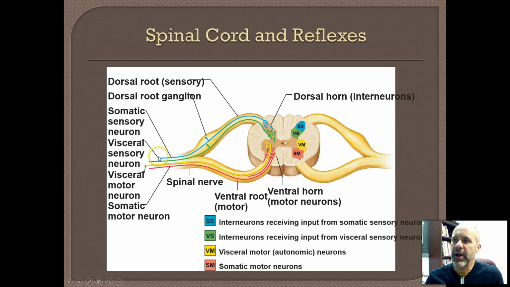Again, keep in mind the routing here. The axons of sensory neurons travel through peripheral nerves that lead to bigger peripheral nerves that ultimately lead to these spinal nerves, or cranial nerves if you're thinking about cranial nerves that contain sensory axons. And then the axons of your sensory neurons pass through the dorsal root of the spinal nerve and head that way towards the spinal cord. And their cell bodies live in the dorsal root ganglion over here.